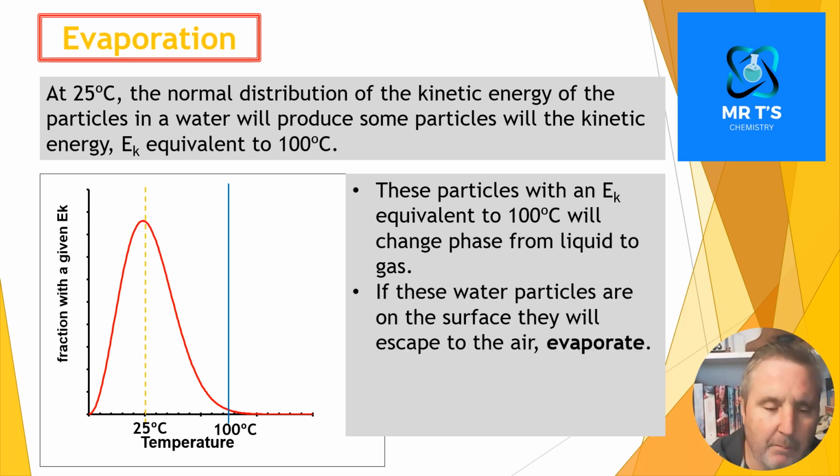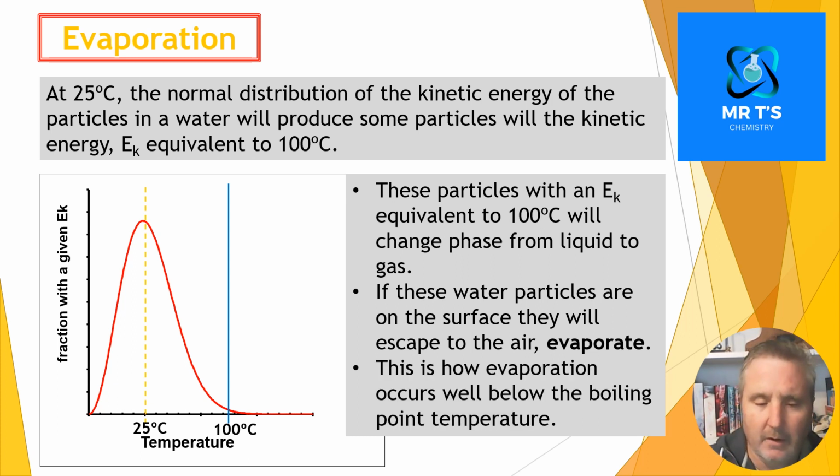However, if the particles are located on the surface of the liquid, then they will escape into the air and they will be lost from the whole solution. If you take away all of the higher energy particles in the solution, what do you think will happen? Well, obviously the amount of solution or substance that you have will decrease, and this is what evaporation is.